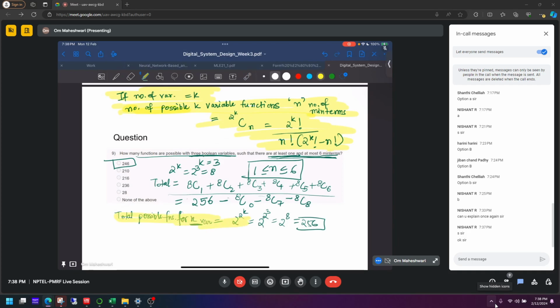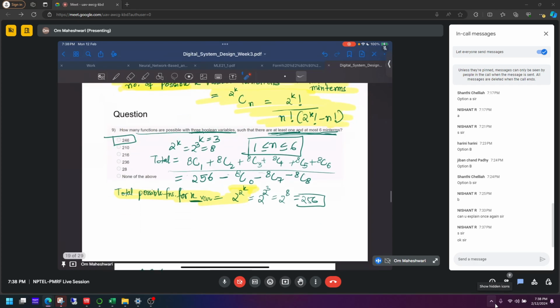Sir, how can you calculate the value of 8C1 plus 8C2? How will you know that 8C2 equals 28? This formula I have written, right? Let's say you want to calculate 8c2.